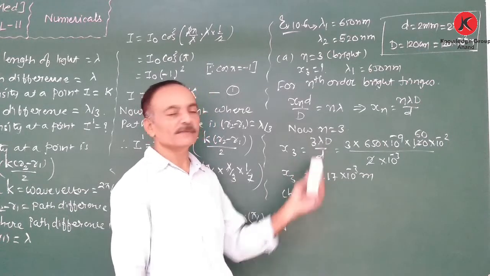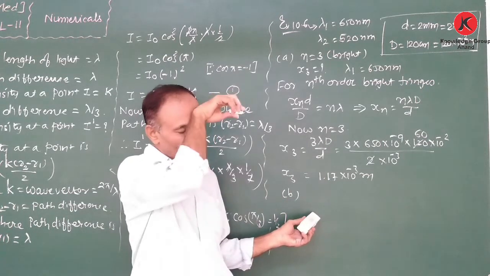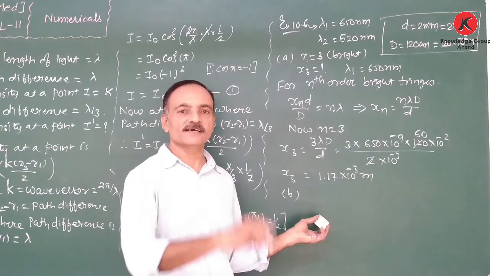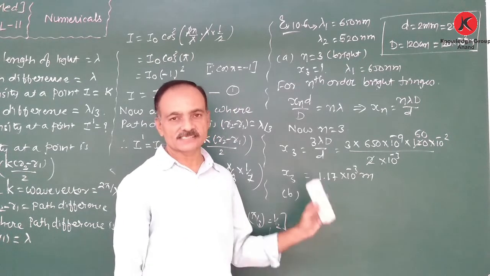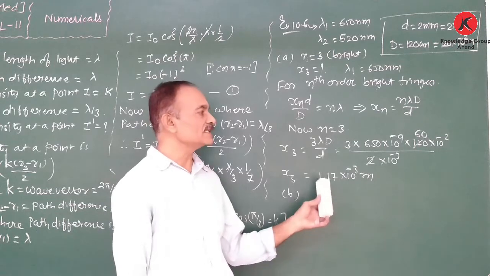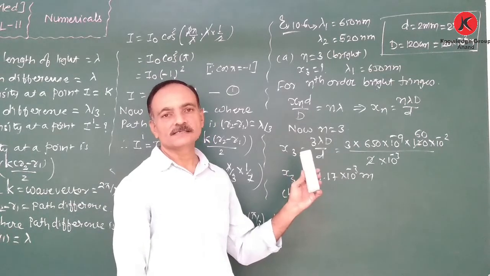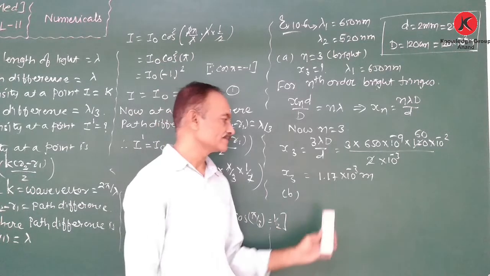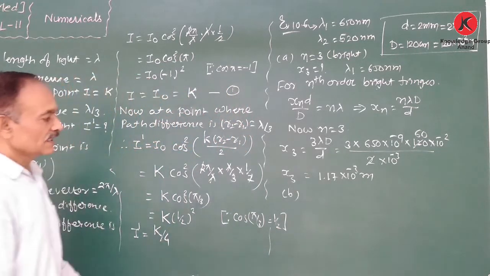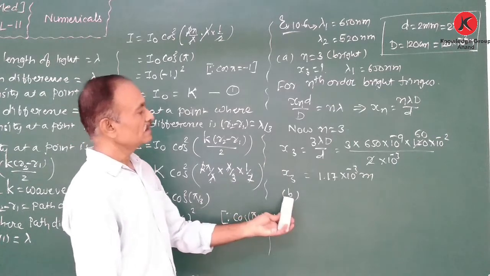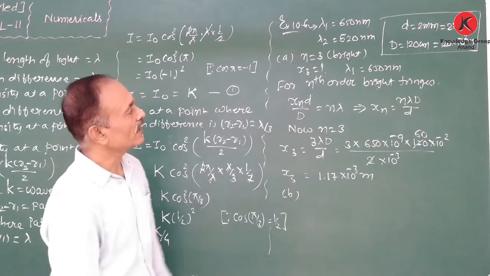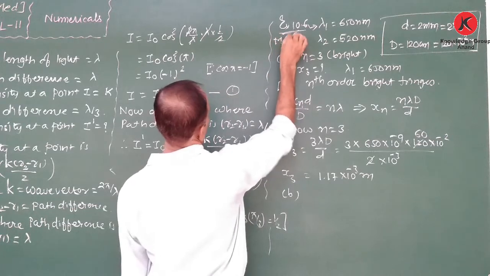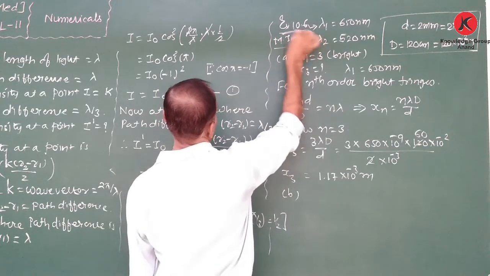Again, in this numerical, in the second part, we have to calculate the minimum distance from the central bright fringe at which the bright fringes of both wavelengths coincide. Okay, so up to this we discussed; we will discuss part B on the next board. This 10.6 is most important, maybe asked in board exam.